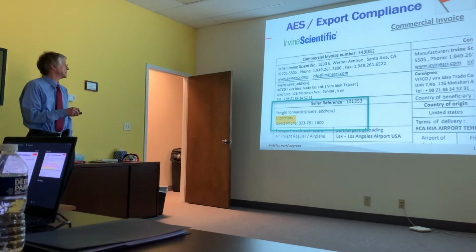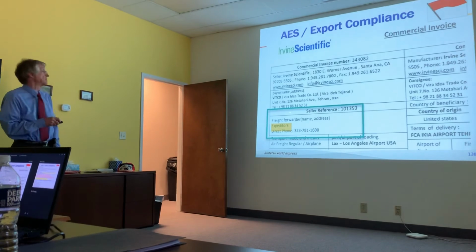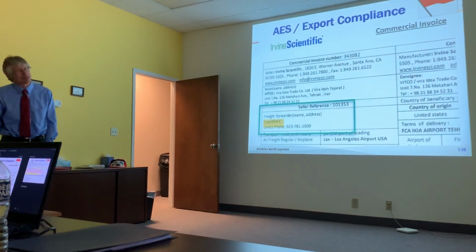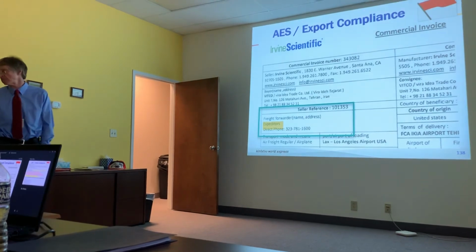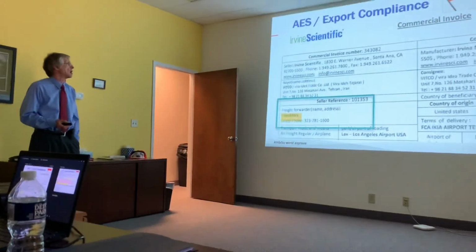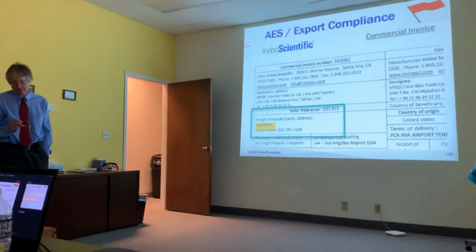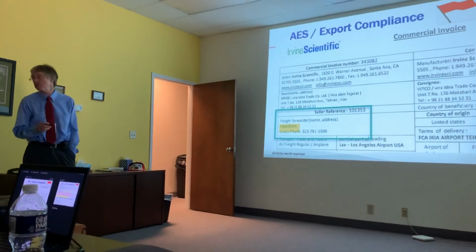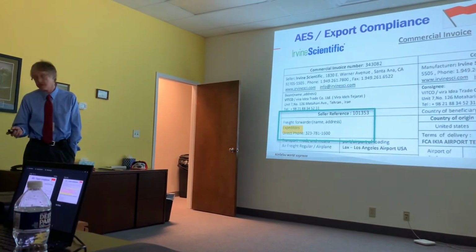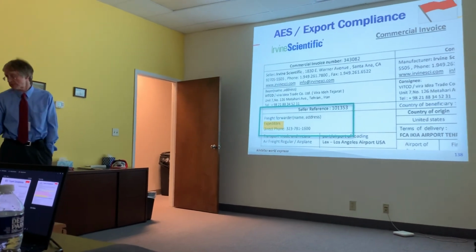Now, you'll notice here it's got Expediters as the forwarder. So I think they know the difference between Kintetsu and Expediters, right? So I'm thinking what happened here is that they wanted to use Expediters, and then Expediters told them, go take a hike. We can't handle your business.